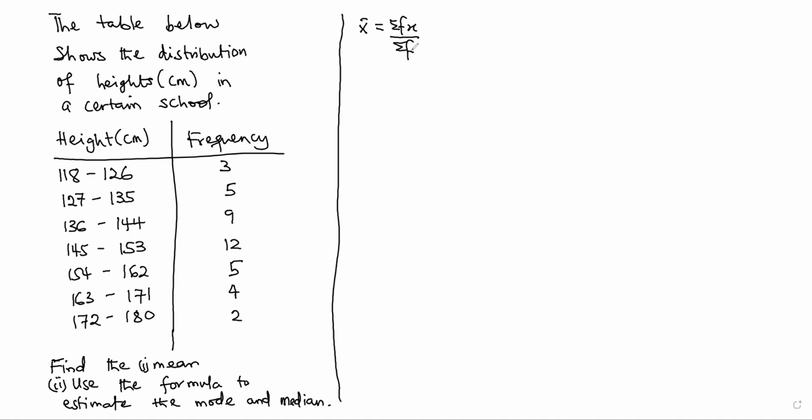Okay, so it's expedient that we transpose this from grouped data to ungrouped data, then we can now solve it. And so we need to find our x. Our x is called the class midpoint or the class mid value.